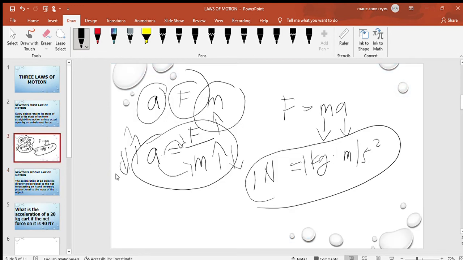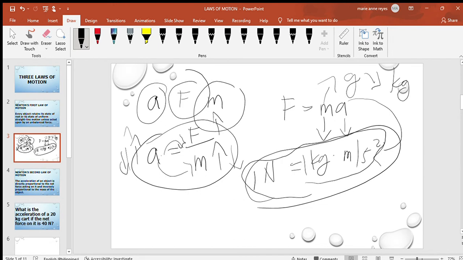So, yung paulit-ulit na sinasabi ko sa inyo, if ang mass, ang given doon is in gram, so you must convert this into kilogram. Gaya din dun sa acceleration natin. Okay? So, take note and you must remember that our unit must be kilogram meter per second squared or 1 Newton. That is the unit of our force.